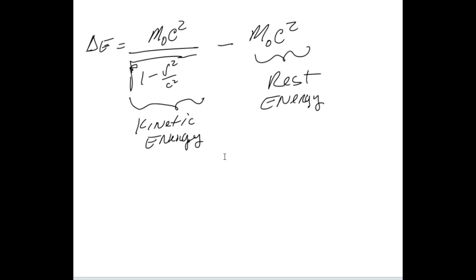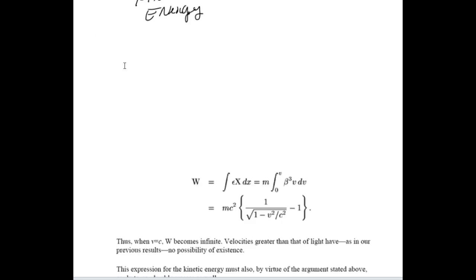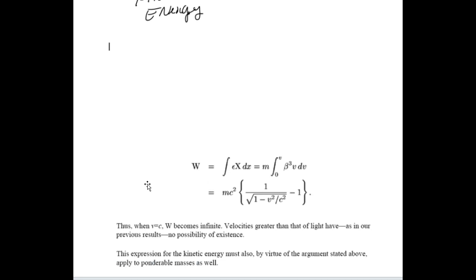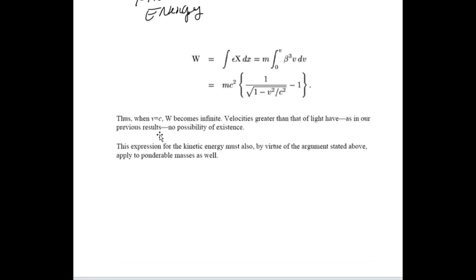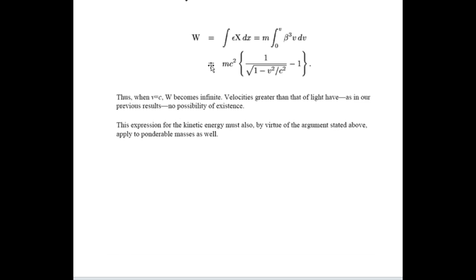And I included in here Albert Einstein's original equation I found on the internet. There's how he derived it, and he said it was mass times the speed of light squared times this factor.